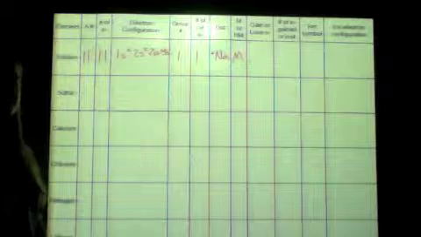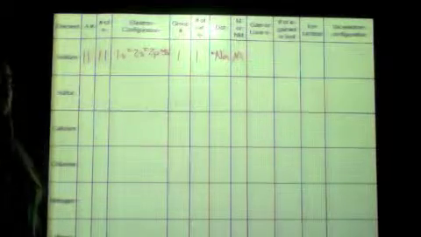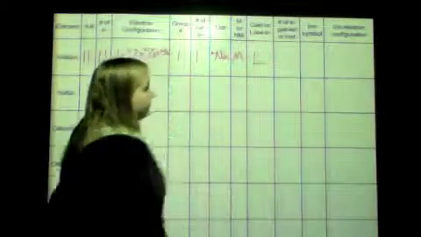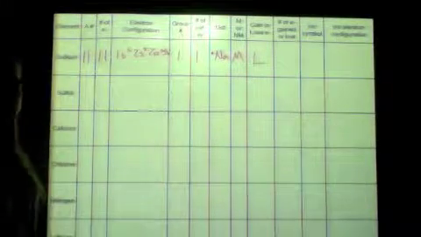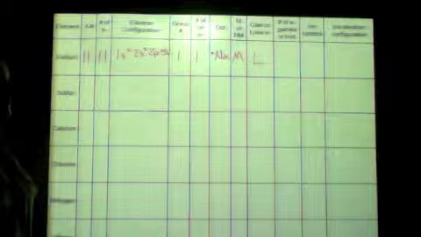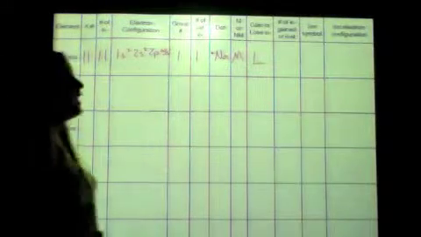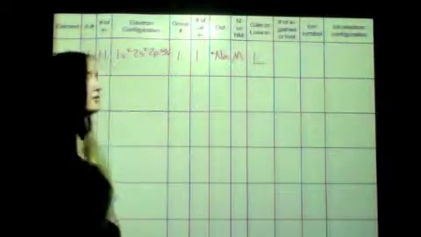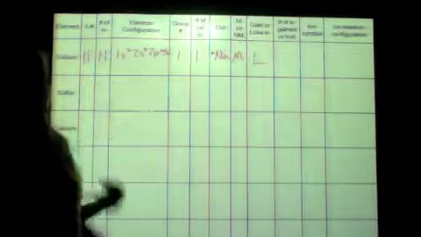Now looking right above this, metals do what with their electrons? They lose. Okay. The next 3 columns are based on the information you just gave me. I want to know the number of electrons gained or lost. To do this, you need to look at the number of valence electrons.